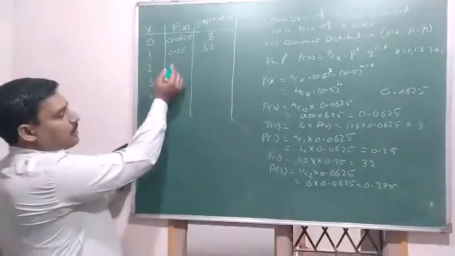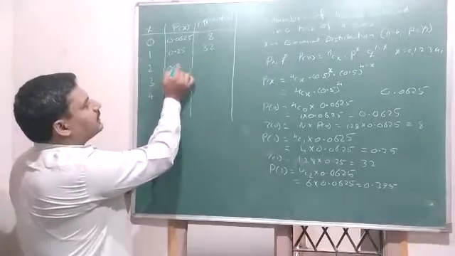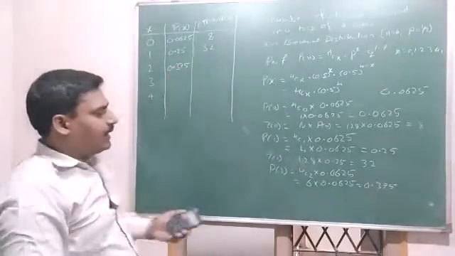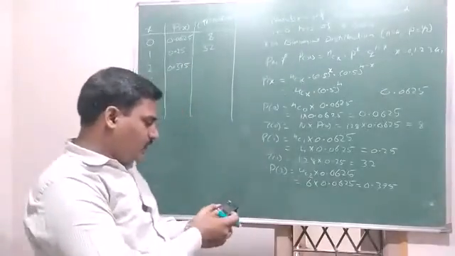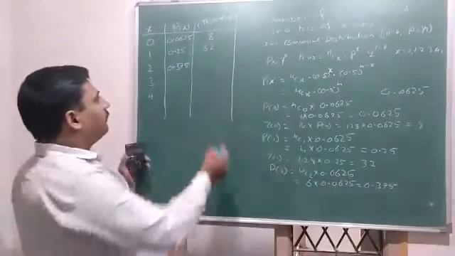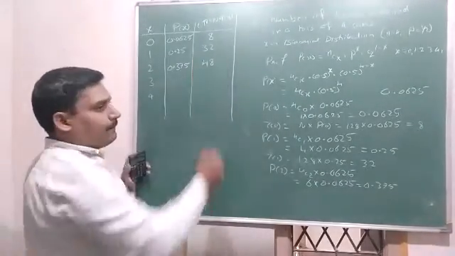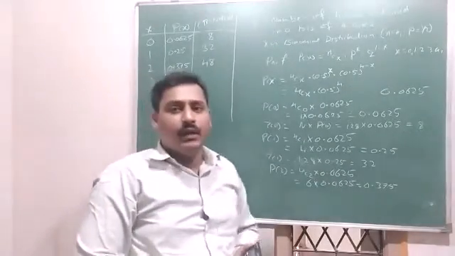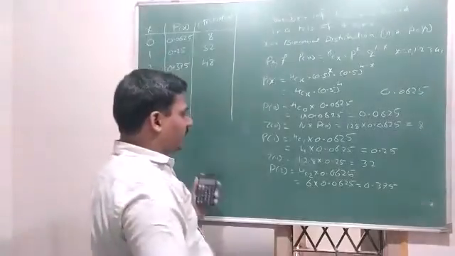So the third probability term is 0.375, and into 128 we get 48. The third theoretical frequency is 48.